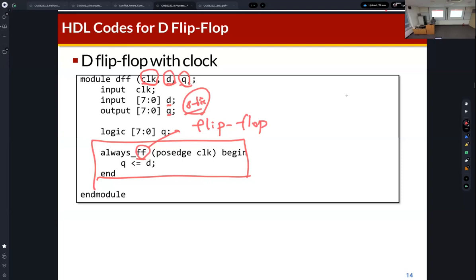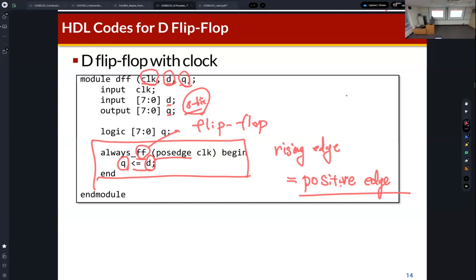It samples at the rising edge of the clock, which is also called the positive edge. In SystemVerilog, we need to use posedge for representing the rising edge of a clock. So at the positive edge of a clock, it samples, and the output is updated by D, the input. This is the behavior of a D flip-flop.